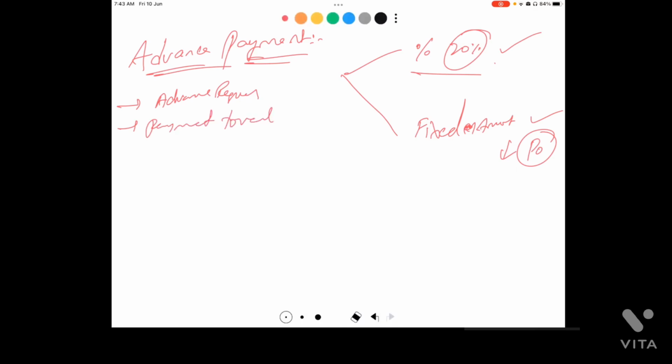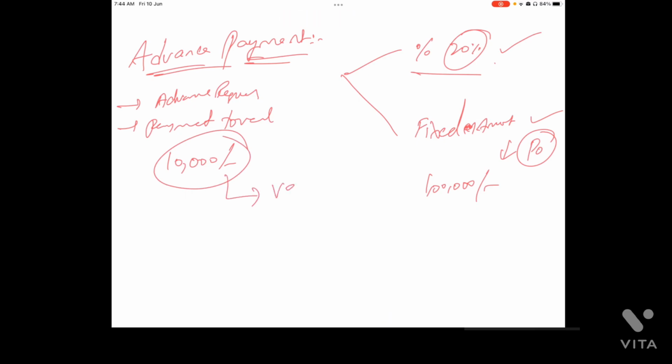Suppose out of 1 lakh rupees, I'm paying 10,000 rupees to the vendor. This 10,000 rupees will display when you are doing the vendor invoice, debit memo. Why? Because if it is not displayed, you might not remember how much advance amount we paid. So it will display in the invoice.